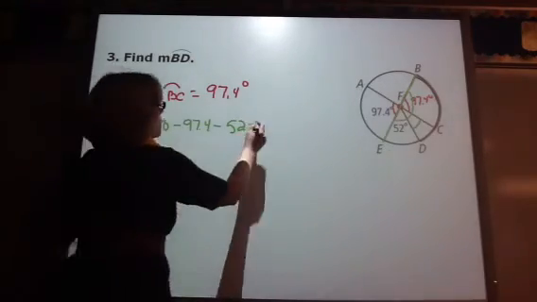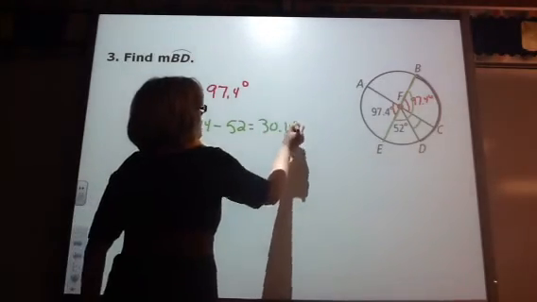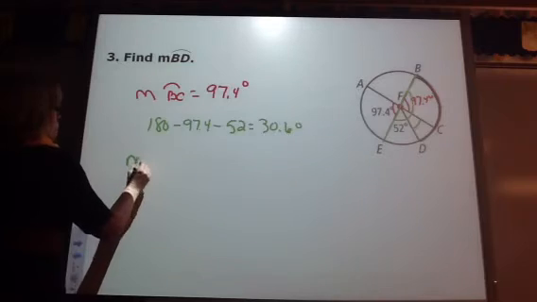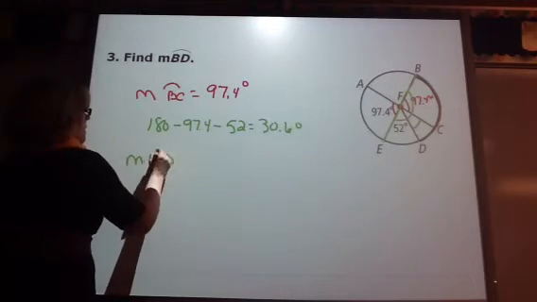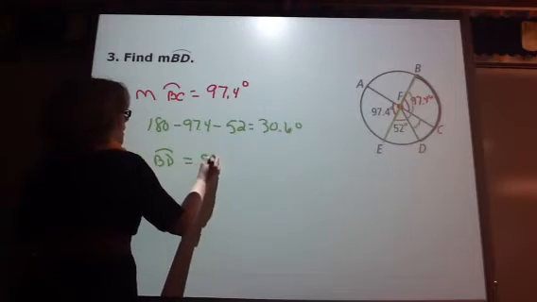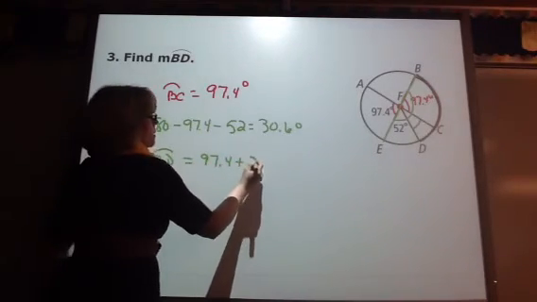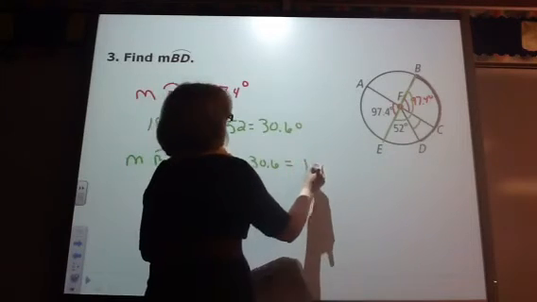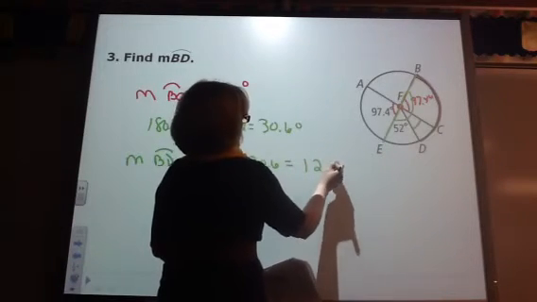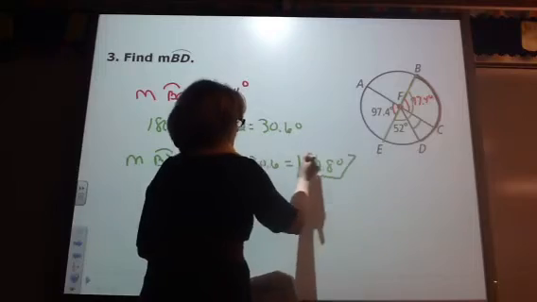That's going to give me 30.6 degrees. So the measurement of arc BD is going to be 97.4 plus the 30.6, and I get 128 degrees.